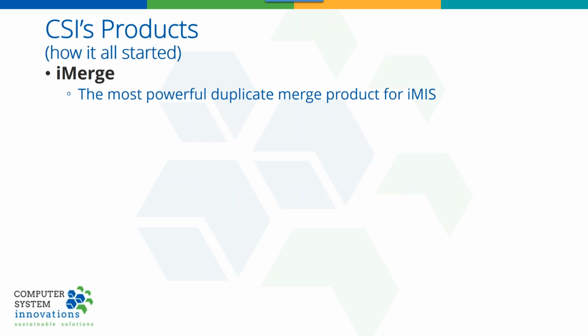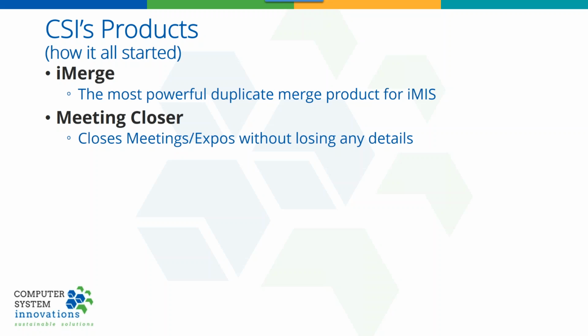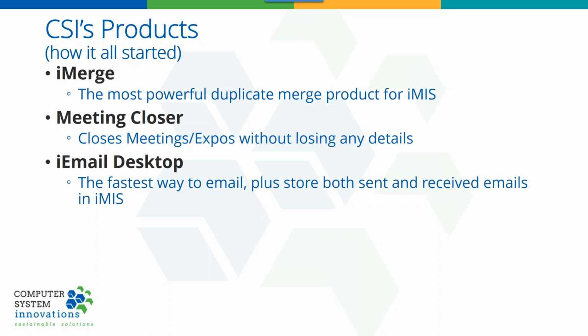Well, way back when, we wrote iMerge, still the most powerful duplicate merge tool for IMAP. After that came Meeting Closer, because people needed to close their events and not lose any data. iEmail Desktop came about somewhere in there. It actually was a quick way to email a whole committee. So we did that and kept adding on to it for various reasons.